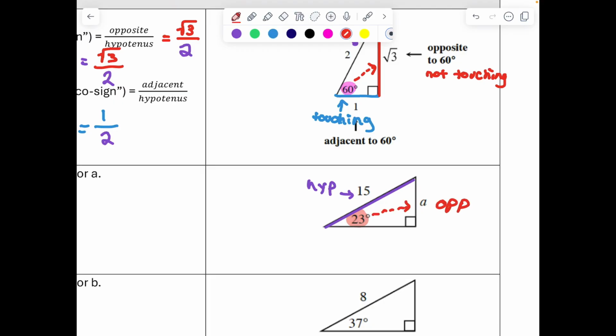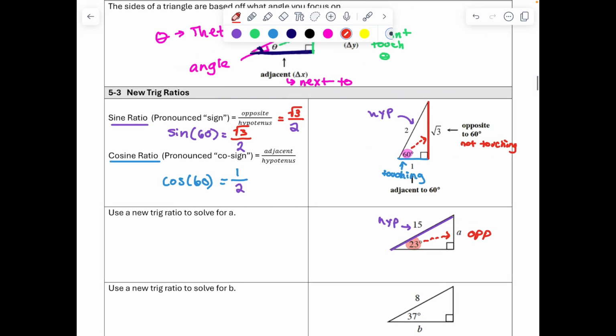So that is the opposite side. So if I think about which ratio uses hypotenuse and the opposite, that is the sine ratio, okay? So that's going to be the opposite side, A, over the hypotenuse, 15. And that's equal to the sine of our angle, 23. Okay?